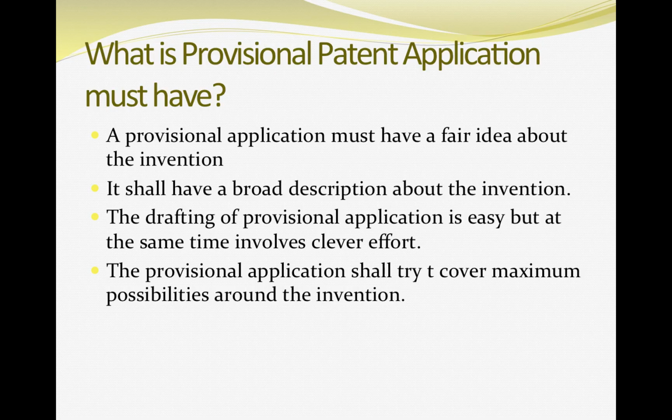You may just file and secure your priority right by filing a broad overview about your invention in a provisional application. The drafting of provisional application is easy, but at the same time it involves a very clever effort so that you can cover the maximum possibilities that you might develop around your invention in the time period of 12 months.